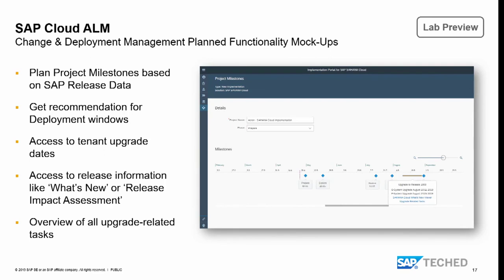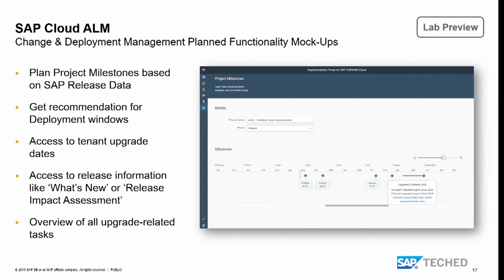For one planned change and deployment management functionality, we plan to support project milestone planning based on release data, because we have learned from customer interviews that it can be really challenging to find the best time to set your milestones, and when to deploy and when to transport. So we want to support this use case by giving recommendations for deployment windows and access to tenant upgrade data, so that you always have the latest information on when the next upgrade and which release is coming.